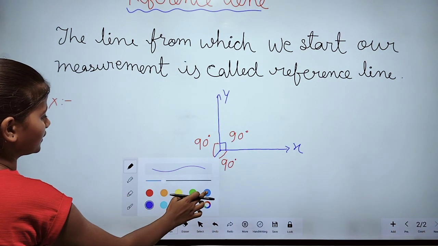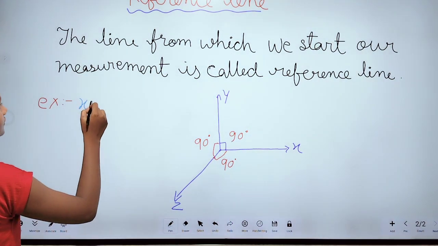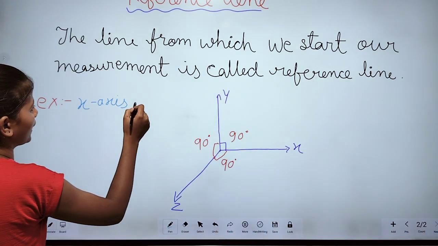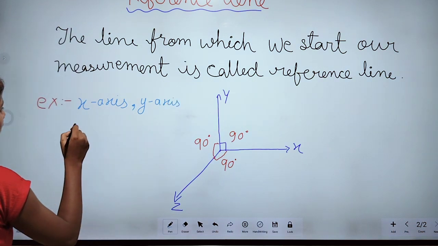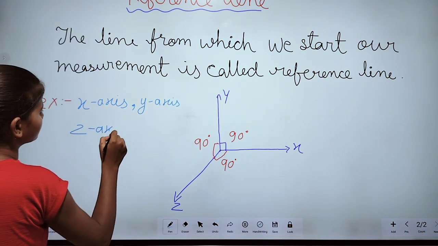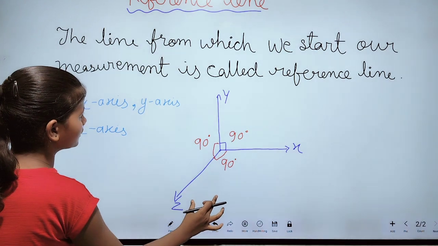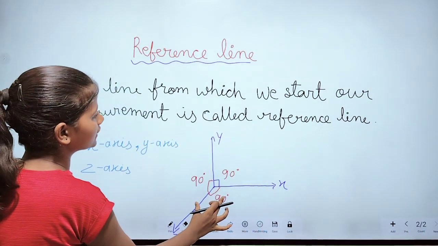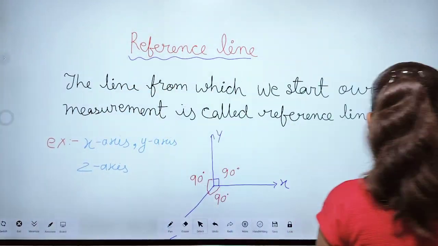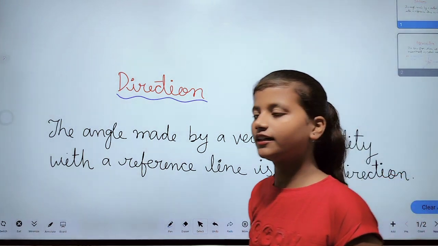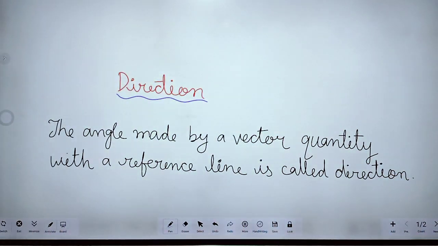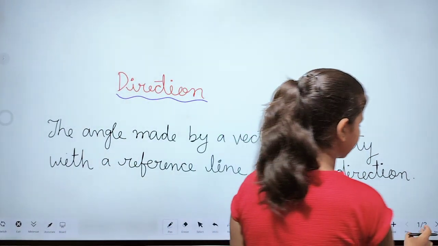For example, we write x-axis, y-axis, and z-axis. I hope you understand what direction is. The angle made by a vector quantity with a reference line is called direction. And what is a reference line? The line from which we start our measurement is called the reference line.